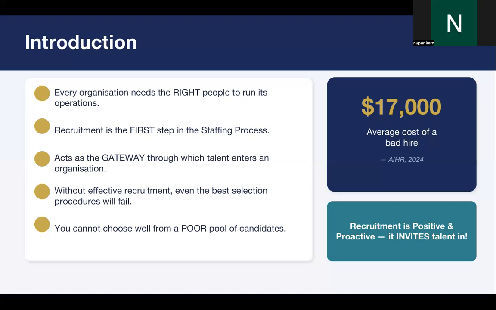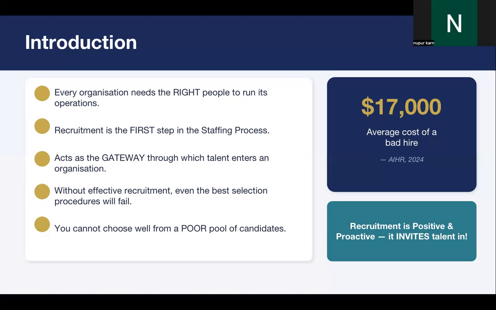So there recruitment comes, and that's why recruitment is also called a strategic business decision. Recruitment is considered a strategic process for the organization, because it's not a short term process, it's a long term process. You are not hiring a person for a short term goal, you are hiring for a long term association.